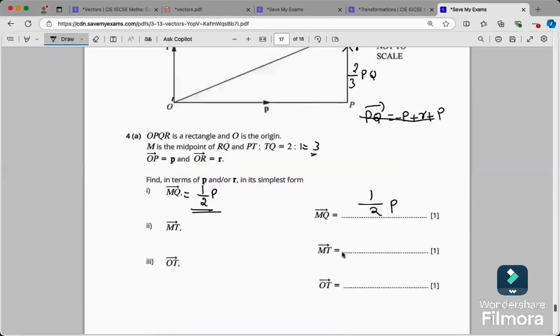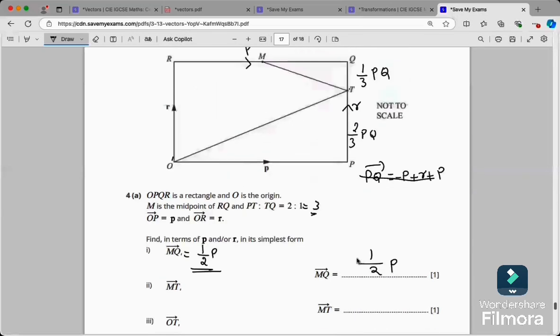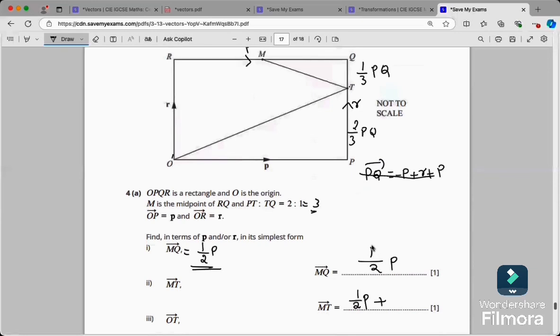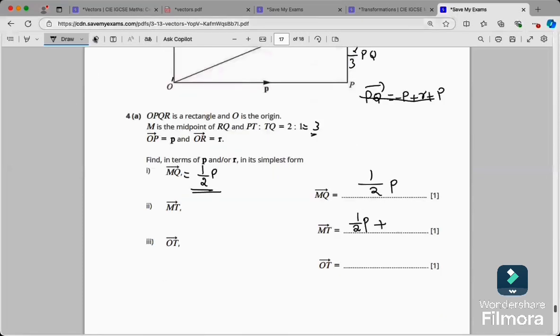Therefore, we can just take MT as M to Q. We found the answer here, half P plus QT. So QT is in the opposite direction to PQ. So it is downwards. So you can take it as minus 1 by 3 R.